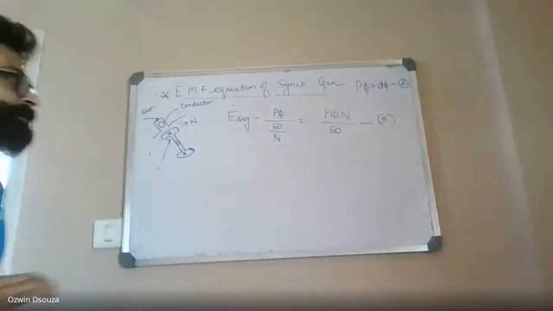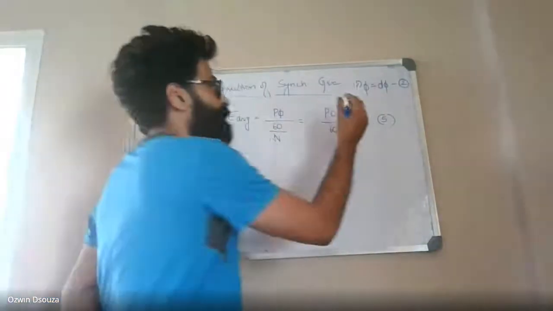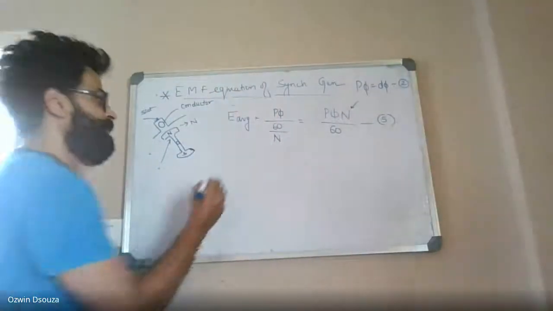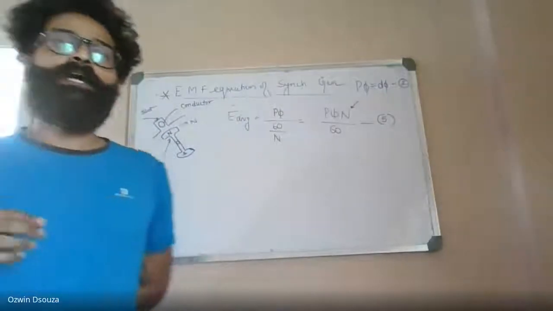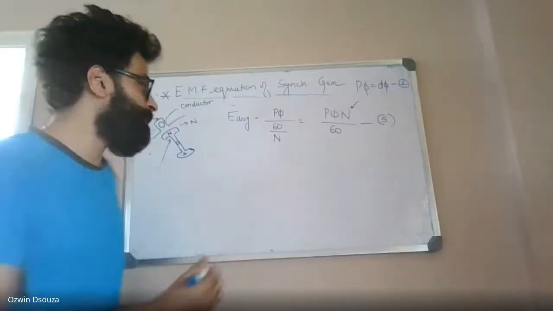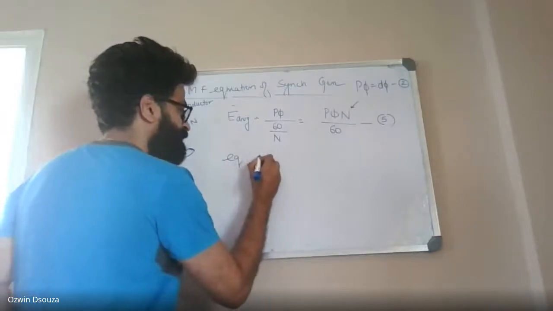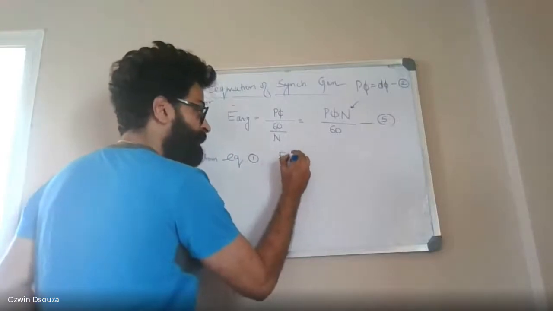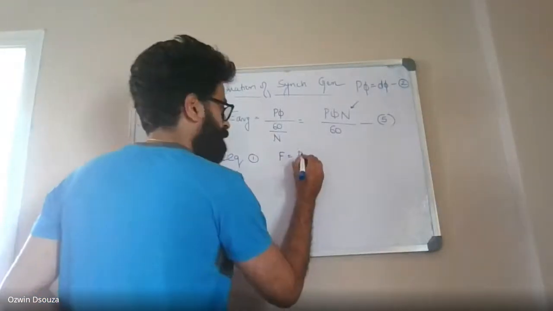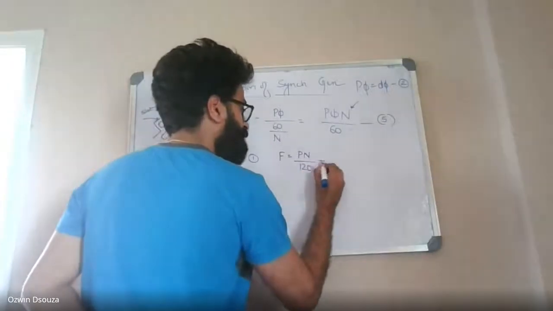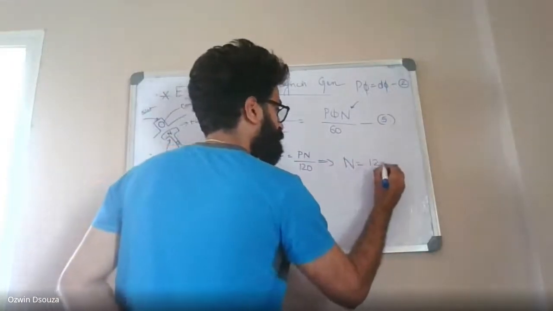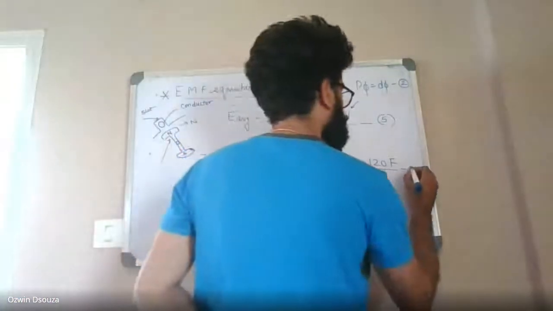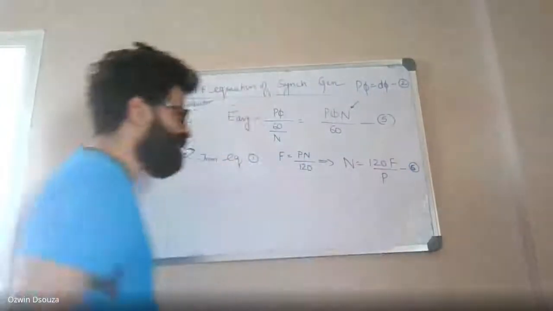Now, in equation 5, you can do some substitution for speed n. Which relation can give me the expression for speed? Equation 1, the frequency relation: F is equal to Pn divided by 120. That implies n is equal to 120 F by P. Just cross multiply and rearrange the equation, so we get the expression for synchronous speed.